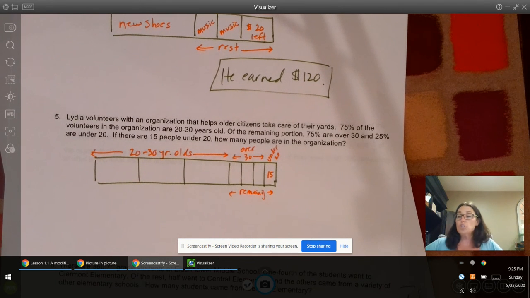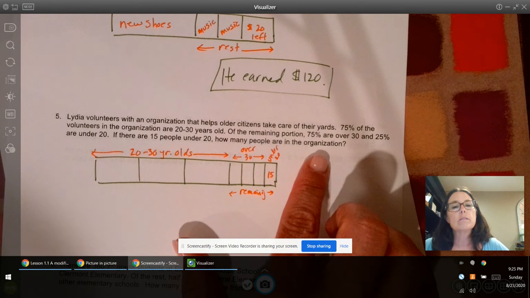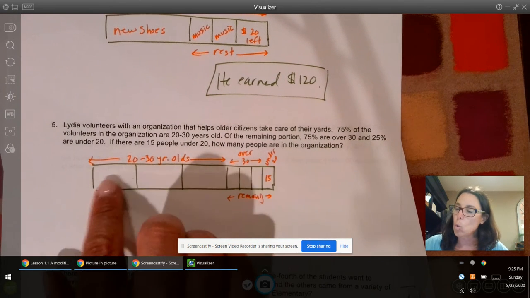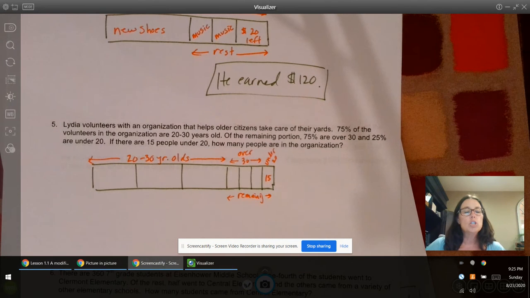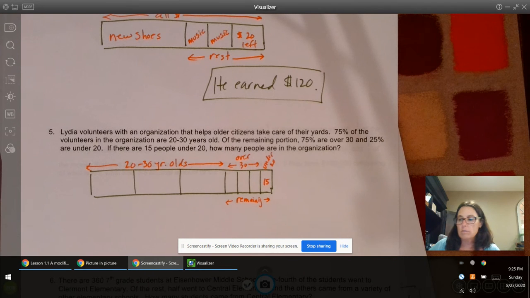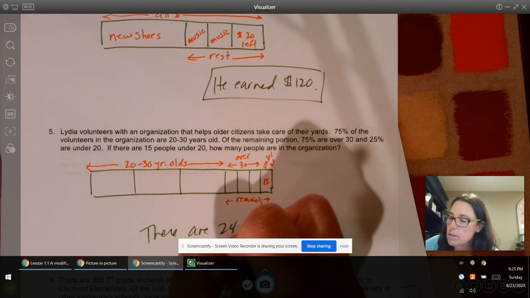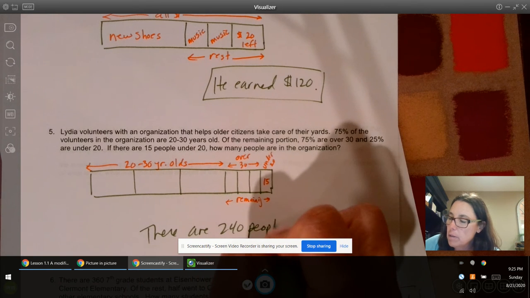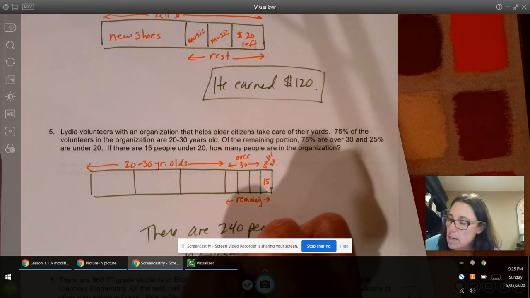Okay, the question though is how many people are in the organization? Okay, so if a quarter of this is 60, 60, 60, and 60, 240 people are in the organization. There are 240 people in the organization.